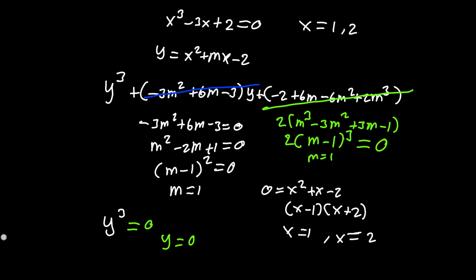But the reason why this happens is mainly because this cubic has a multiplicity, mainly a repeated root. And if we go ahead and look at that, we see that the cubic can be factored to be x minus 1 squared times x plus 2.